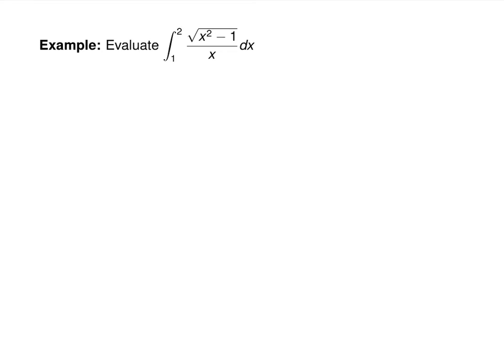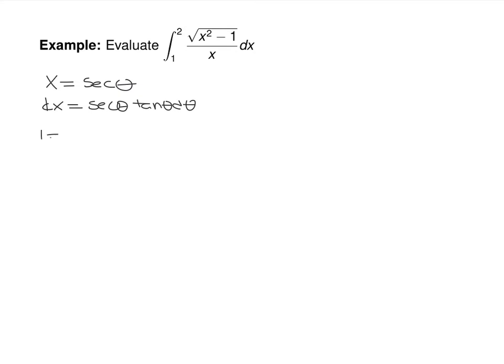Believe it or not, this one's going to involve a very similar trick. It's also definite, which I wanted to also mention. So first of all, we're going to let x equal secant theta because we have a variable squared minus 1. And then dx is secant theta tan theta d theta. And let's talk about how to change those bounds.